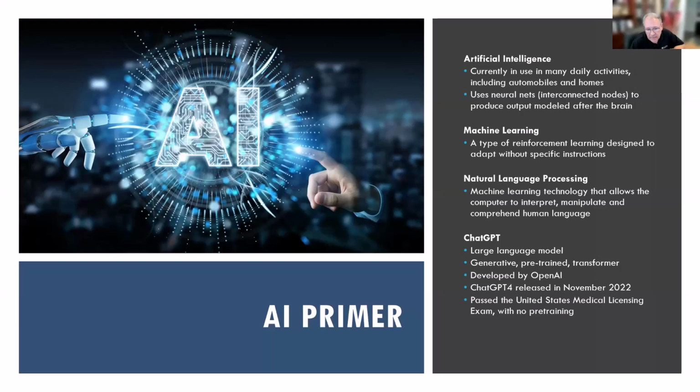We'll send you all a copy when it comes out. It's entitled an AI primer. So artificial intelligence is currently in use. It wasn't just invented 2 years ago. In fact, it was first conceptualized back in the 1950s. And it's used in many daily activities.